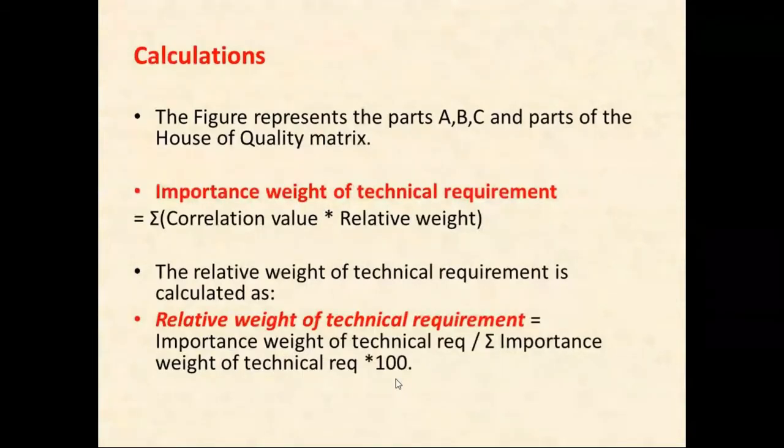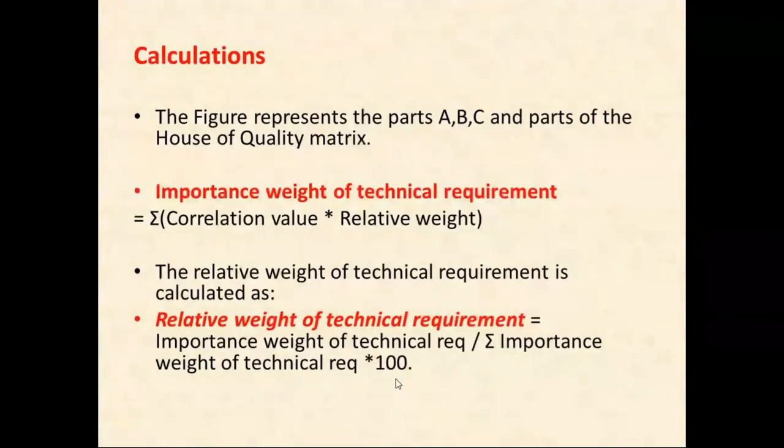And here, the importance weight is calculated. So this is calculated column-wise and marked. And what is the relative weight in percentage? How we have calculated here in a similar way, this gives the percentage of its weight in a relative manner. So this is the calculation.